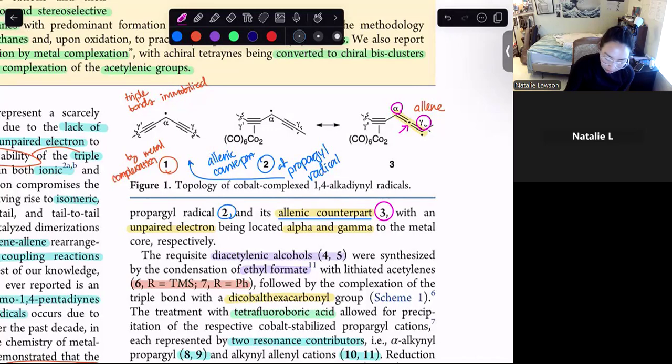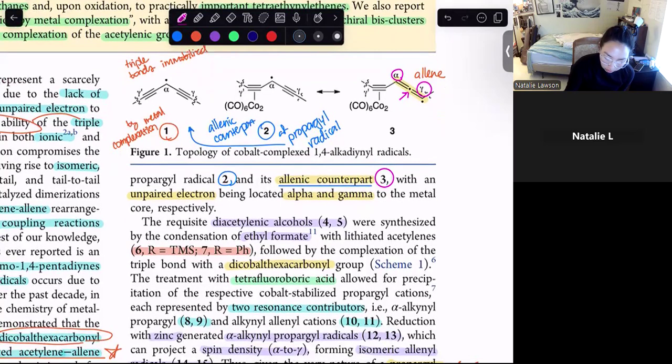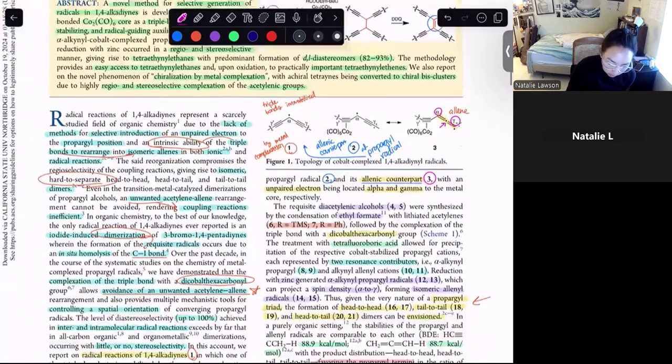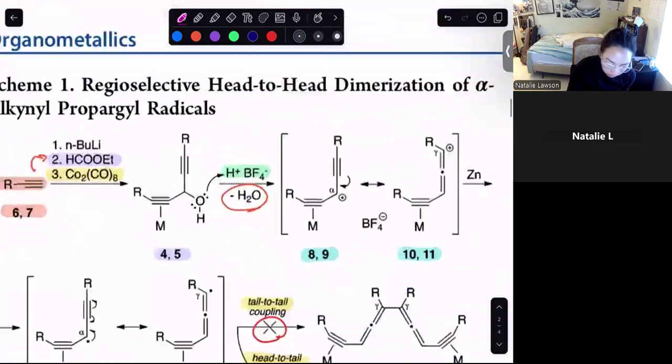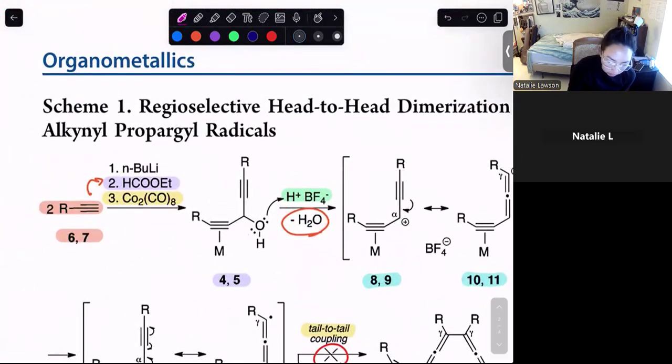the requisite diacetylenic alcohols 4 and 5 were synthesized by condensation of ethyl formate. So let's go down here. So they took the acetylenes right on the left, and then using ethyl formate right here, they formed 4 and 5.